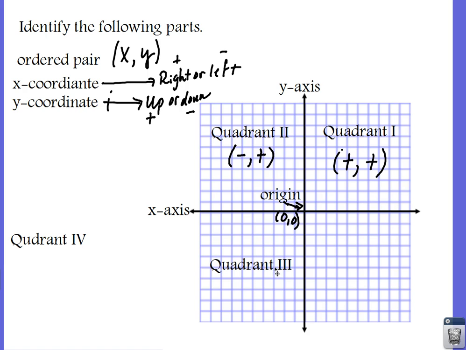Quadrant 3 is going to consist of the numbers that are both negative. The x-coordinate is negative and the y-coordinate is negative. And the last one is quadrant 4, which consists of all of the numbers that are positive x and negative y.